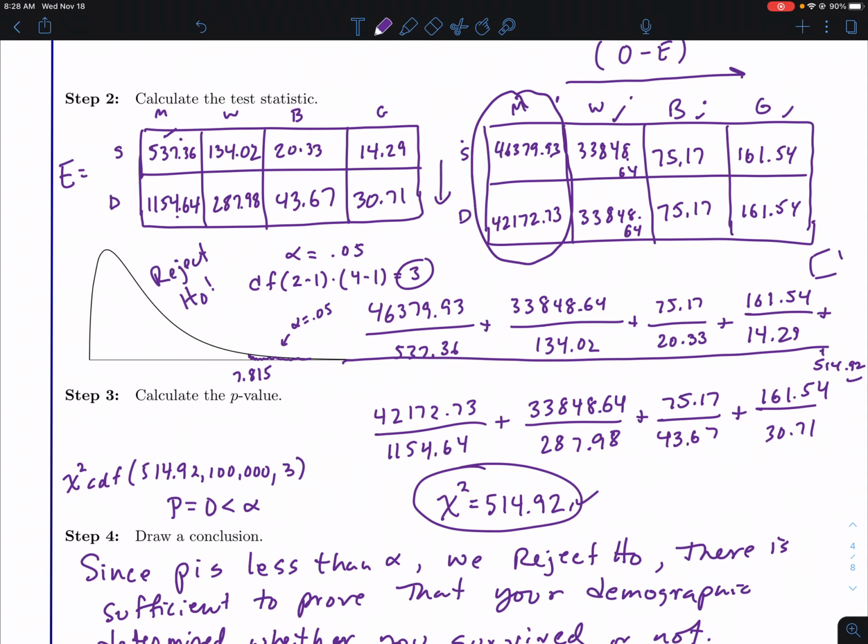But in this case, you can see that the men had a significantly higher survival rate than the death rate. So not only can you figure out that it was different, but it looks like the men survived at a higher rate than they should have compared to how everybody actually died on this Titanic.